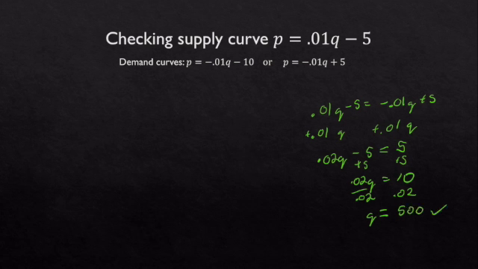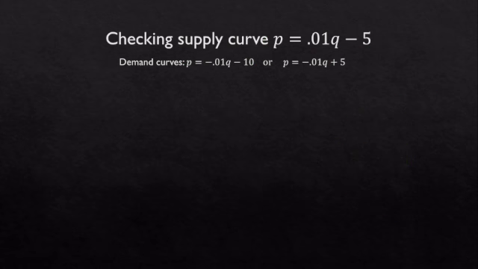Okay, this is great. It seems like we are doing everything correctly. I've solved for q, so I need to plug that back in to my supply curve in order to solve for p. So I just solved that q equals 500. I need to make myself some more room, so I did that. And now I can plug that back in. I need to solve for p, right? We're trying to find the point of intersection. But p equals 0.01 times q minus 5.